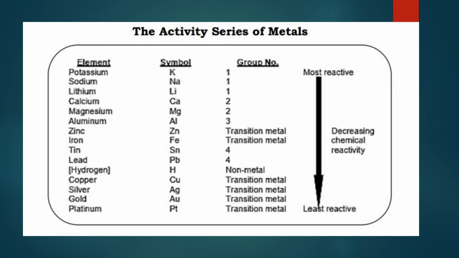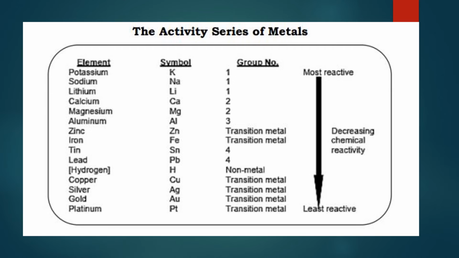So going down, the reactivity of these metals, for example the copper, silver, gold, and platinum, is lesser than those at the top of the examples. You're going to notice also the group number: you have 1 for the potassium, which belongs to the first group, sodium also in the first, and lithium.